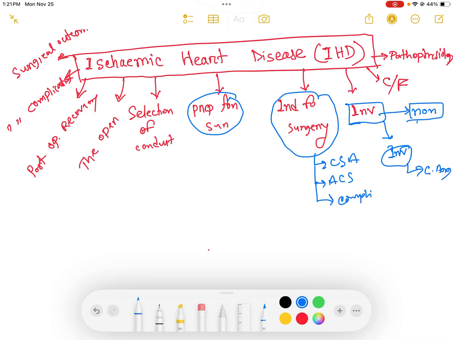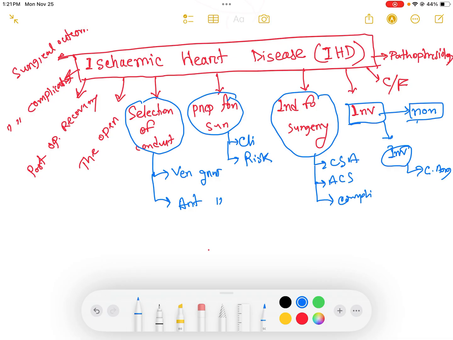These are clinical assessment and risk assessment. Selection of conduit includes venous graft and arterial graft.